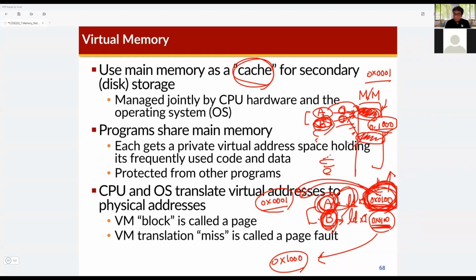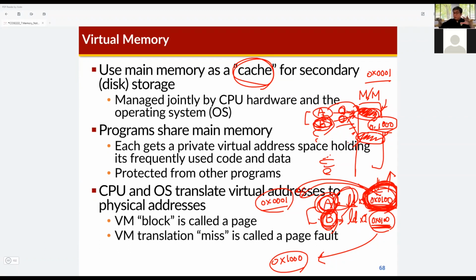This address is first decided by compilers or programmers, and they do not consider the multiple process situation, because this virtual address will be translated into a physical address for the different applications.